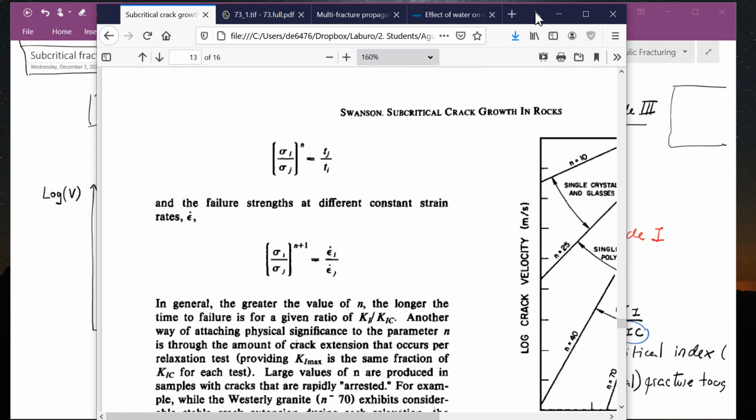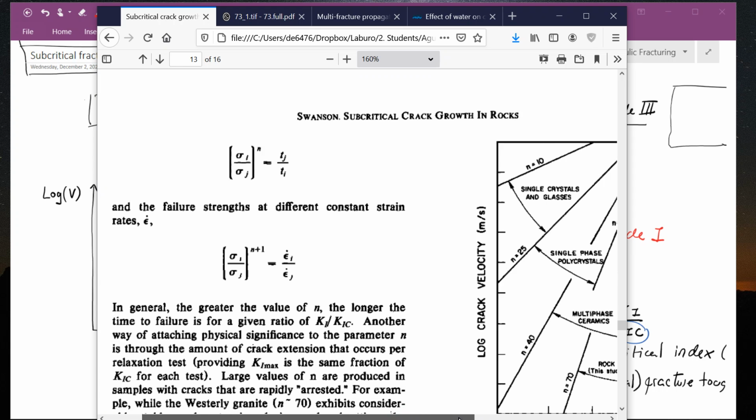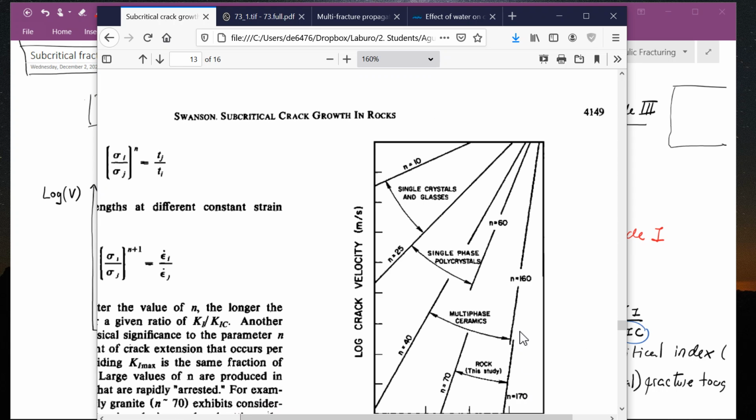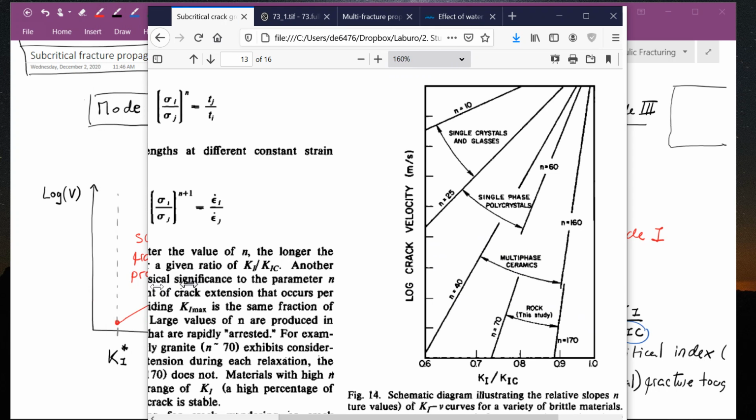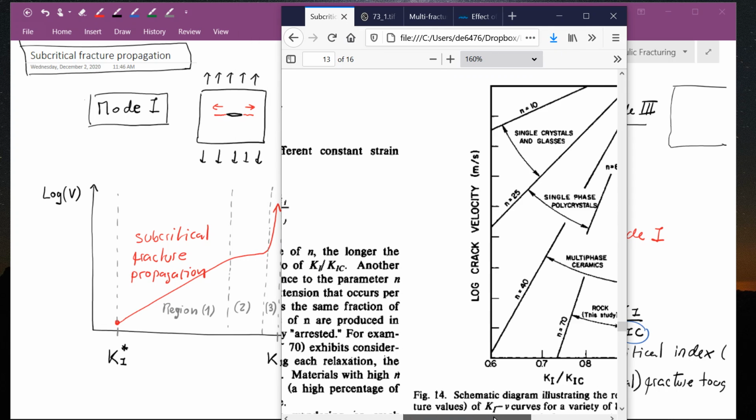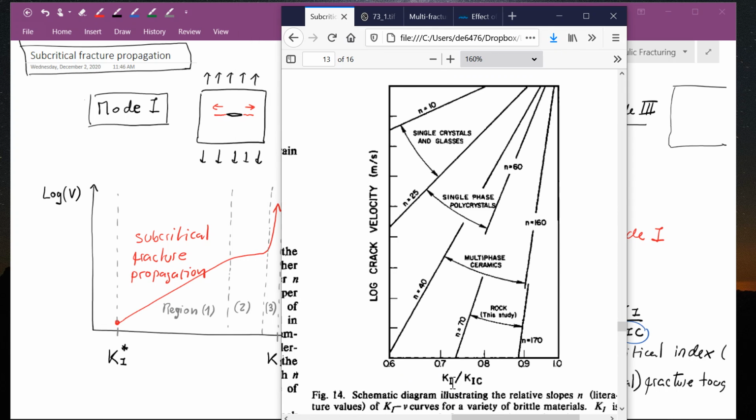Okay, so in this window, here we see a plot of the logarithm of the velocity of the fracture as a function of the dimensionless stress intensity factor. Notice that this is a logarithmic scale too. And what you can see is the relationship of the velocity with, as I said before, the dimensionless stress intensity, now for different materials and with different subcritical indices.